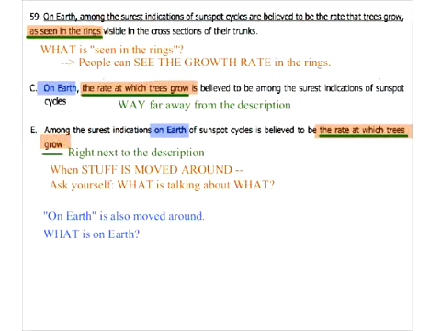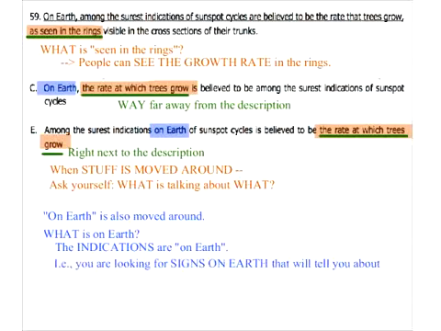What the sentence is trying to say is, in other words, you are looking for signs on Earth that will tell you about sunspot cycles, where sunspot cycles are an event that occurs nowhere near Earth.